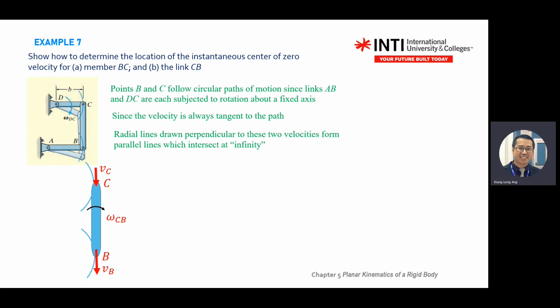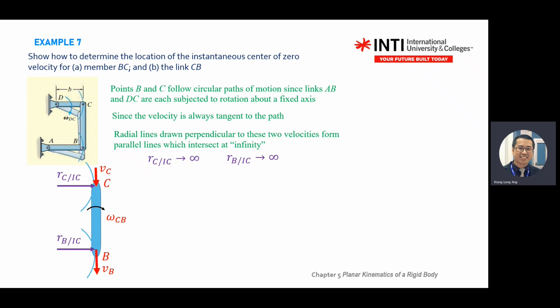So we go down, and omega BC will rotate clockwise. I mean, we assume now that omega CB will be clockwise. But from the calculation, it tells us RC, from the IC point to C, is infinity, and RB from IC is also infinity.